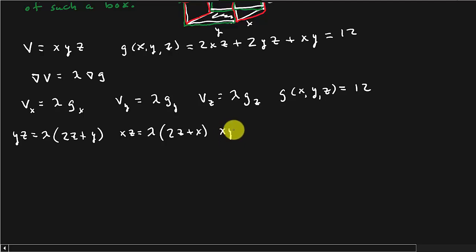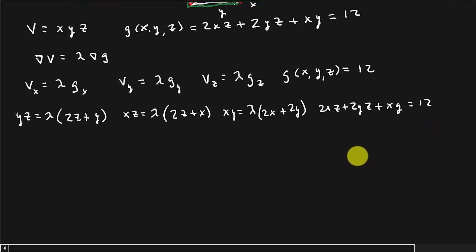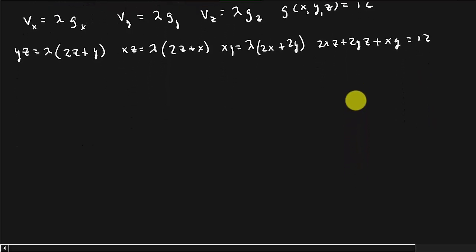That's going to be xy equals lambda times 2x plus 2y. And then we have g of x, y, z, which is 2xz plus 2yz plus xy equals 12. So here's our system of equations we need to solve.